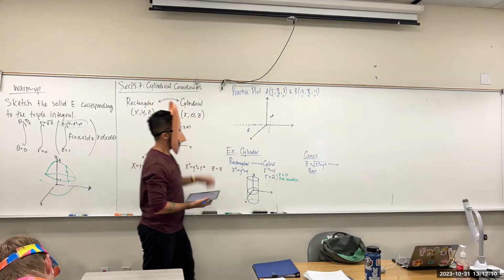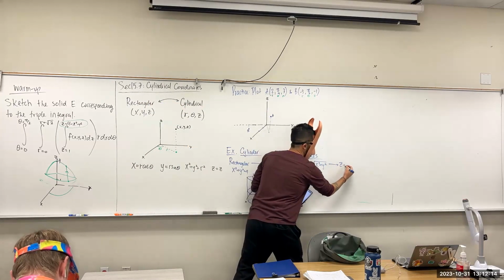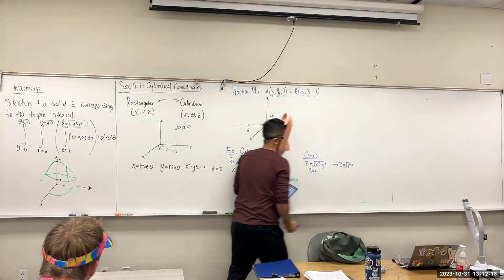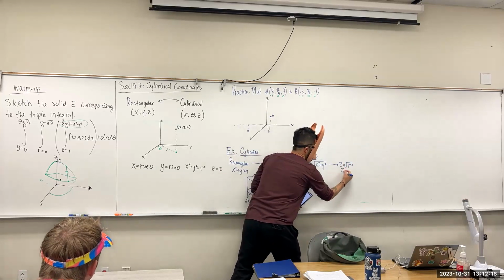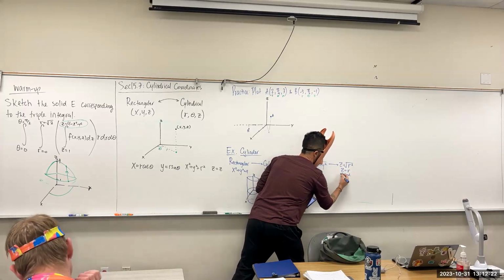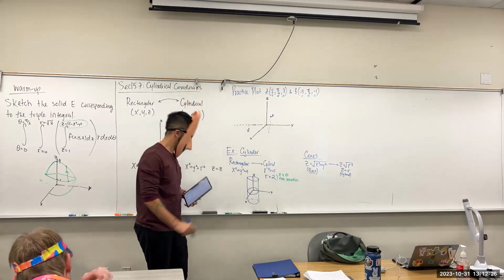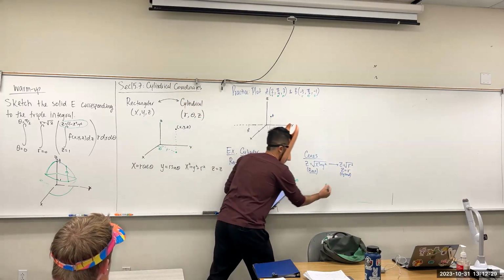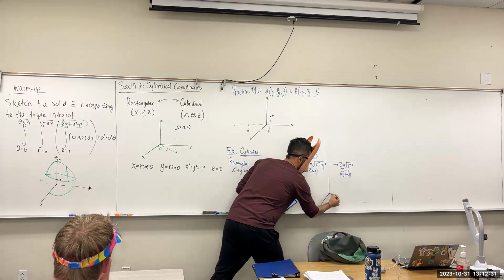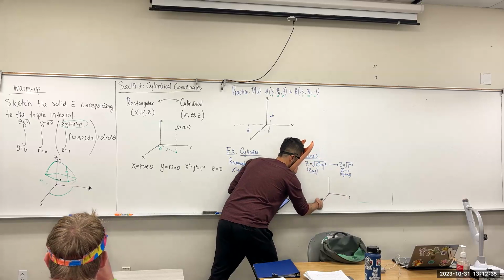We can still use the same z coordinate here. But now the inside becomes r squared. And so we just end up with z is equal to r. It's cylindrical. So how the heck do I visualize what's going on this time with my graph?